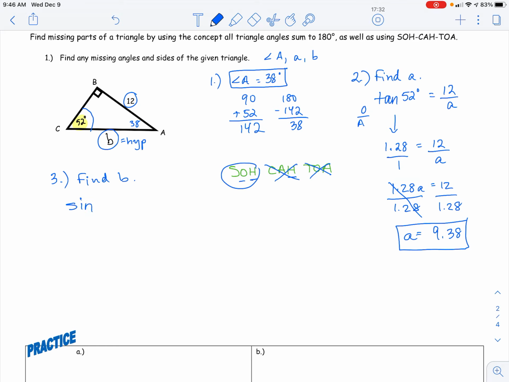So let's find sine 52 equals, and what is this? It's opposite over hypotenuse. So opposite is 12, hypotenuse is B. Let's find sine 52. Plug in 52, hit sine. You should get 0.78, so 0.79.